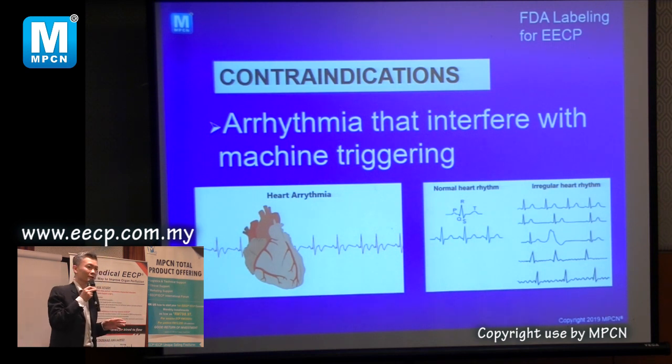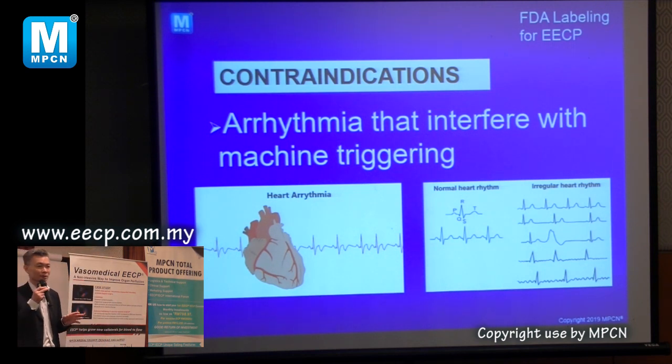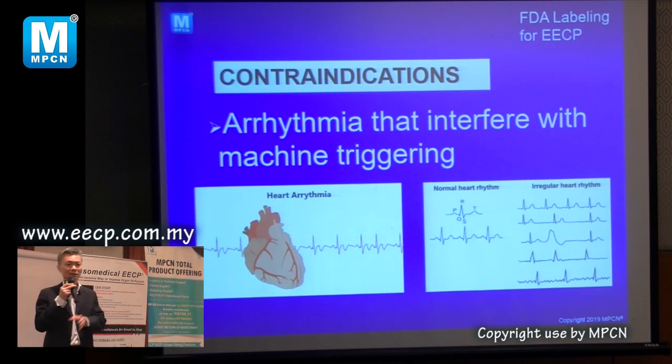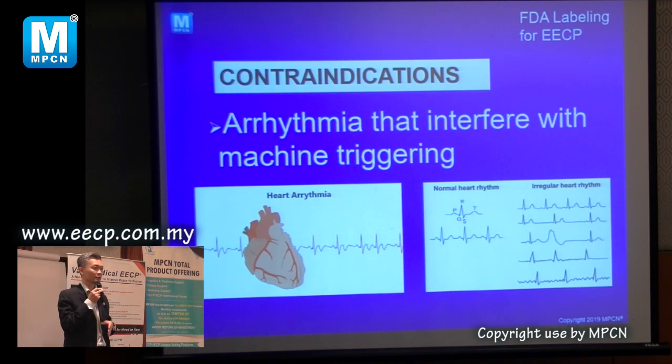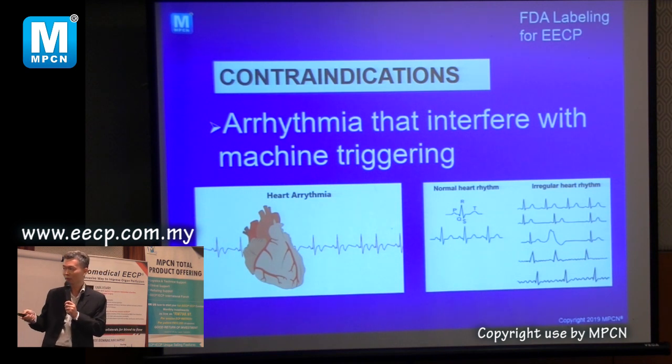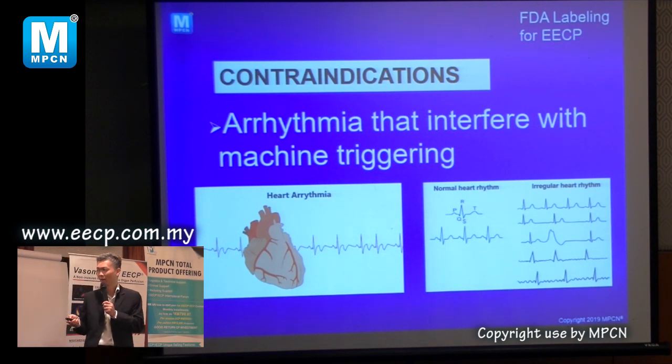So how do we do that? If they have high blood pressure, you say take your medicine before you come. And if they can slow down the heart rate with a beta blocker, it's better that they take it before they come. Sometimes with high blood pressure, you also control it when you come. If it's high blood pressure you also cannot do it because it increases blood pressure. So take medicine before you come.